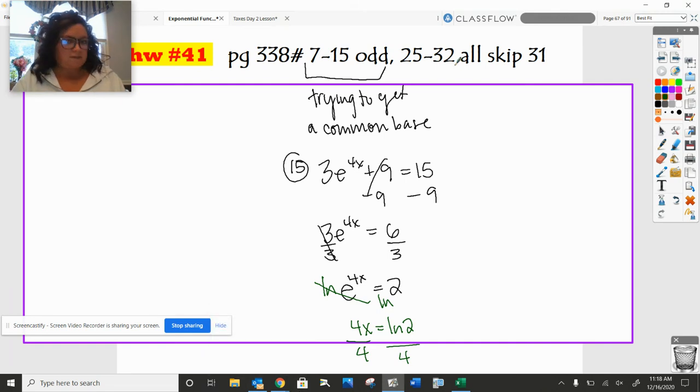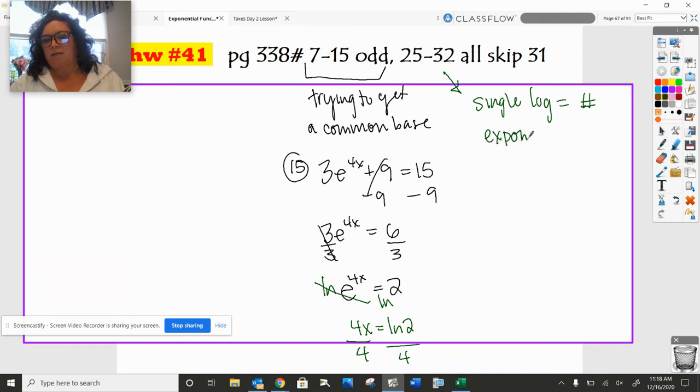Okay, 25 to 32 all are similar to the ones that we did in class today. And some of those have 2 logs on each side. If it's a single log equals a number, you are just going to do an exponential of each side, meaning use a base for each side.